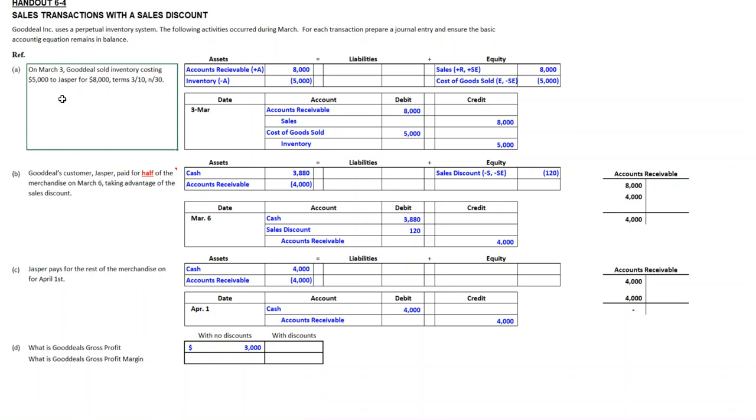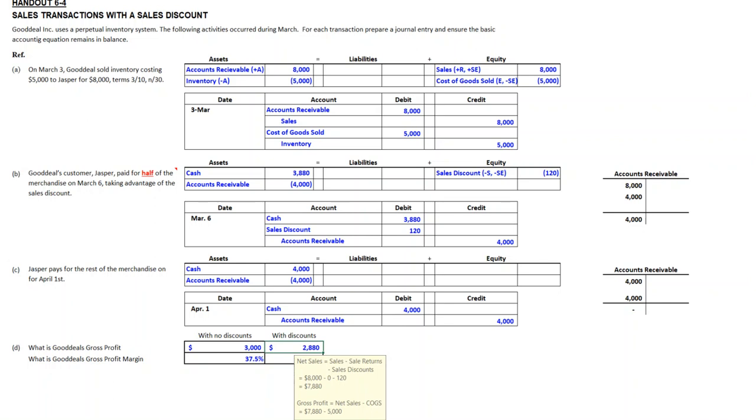So we would have had a gross profit of $3,000. And $3,000 gross profit on $8,000 in sales means we would have had a gross profit margin of 37.5%.